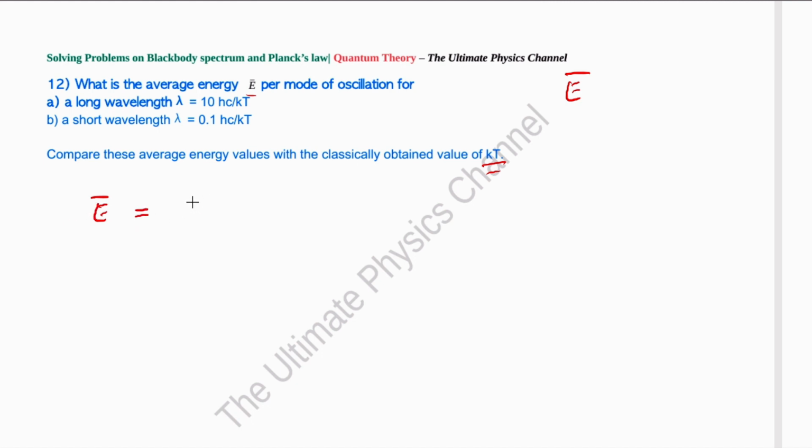That is simply given by E over exponential E over kT minus 1. The classically obtained average energy is kT.